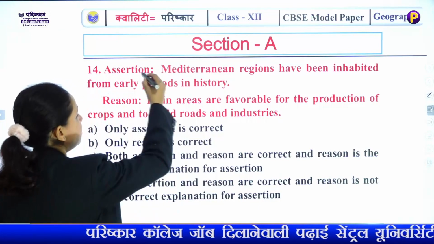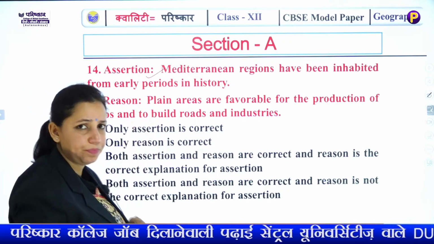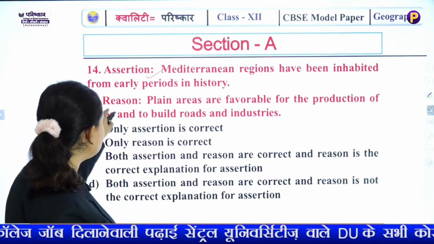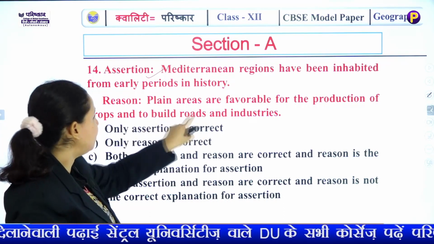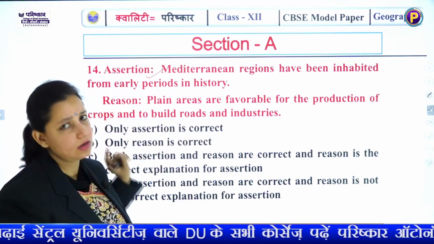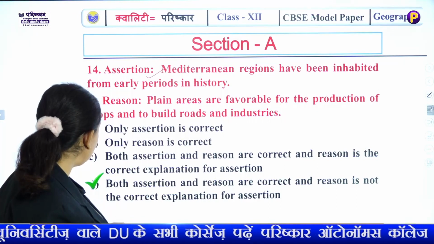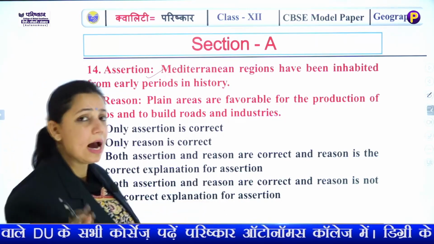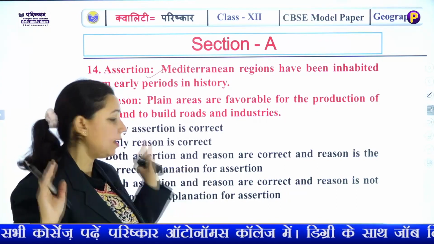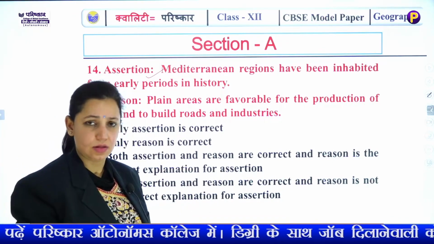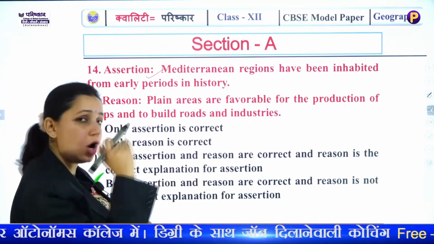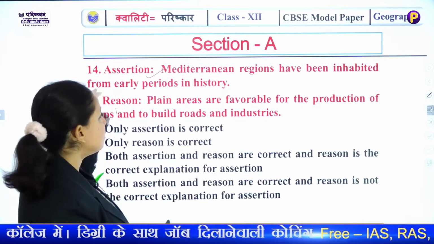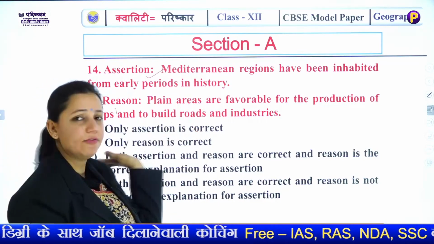Although the assertion is correct and the reason statement is right, it is not the reason for this assertion. So, our correct answer will be: both assertion and reason are correct in their places, but the reason is not explaining the assertion. It is completely a different statement.